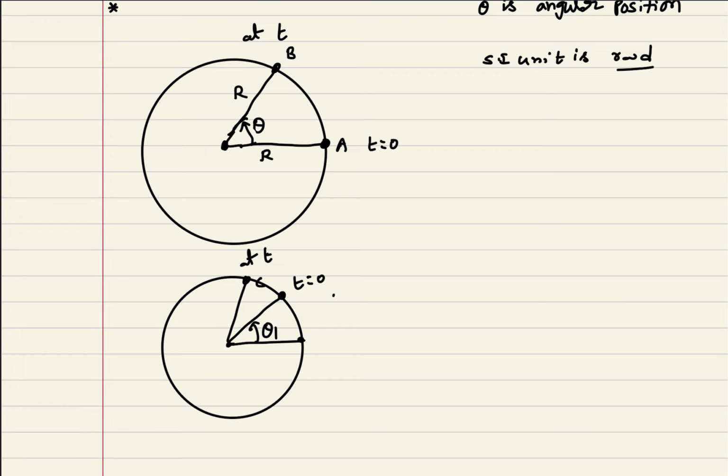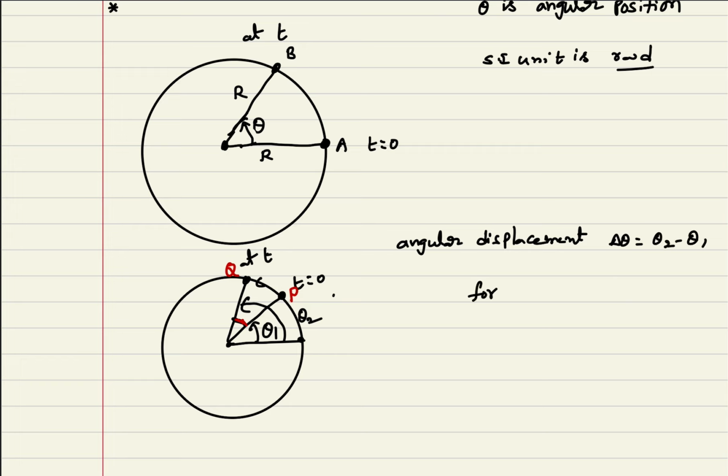At a time t, it is making angle theta 2. Then we can see the displacement from point P to point Q. The angular displacement can be written as delta theta is equal to theta 2 minus theta 1.